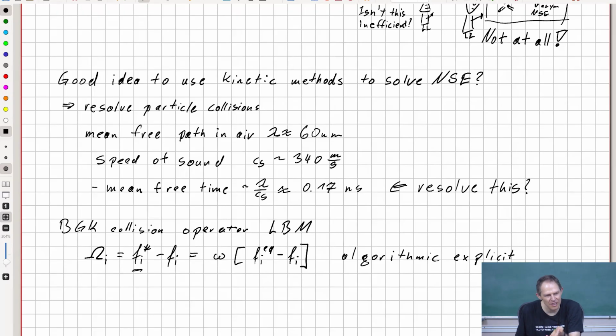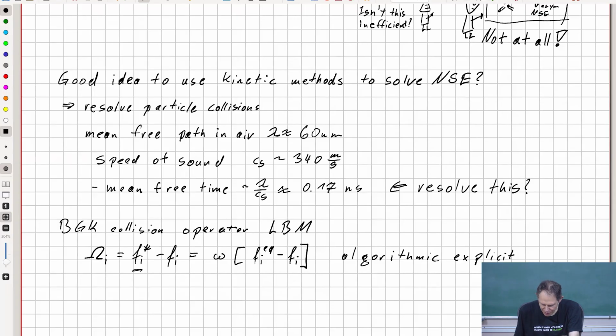So we know the pre-collision state. From the pre-collision state, we can compute the conserved quantities. From the conserved quantities, we compute the equilibrium. So we know everything on the right hand side. So this is an explicit method. We just put it in, get the result. No iteration, right?